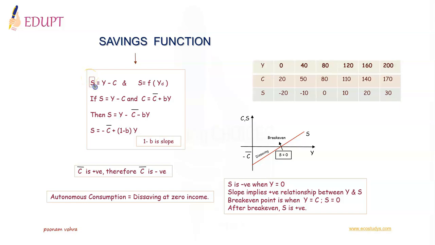Algebraically, S is equal to Y minus C, where Y is income, C is consumption, and S, savings, is a function of disposable income.